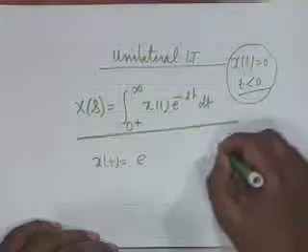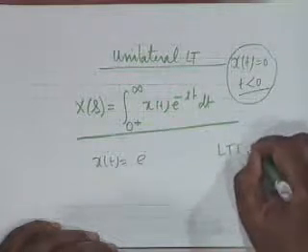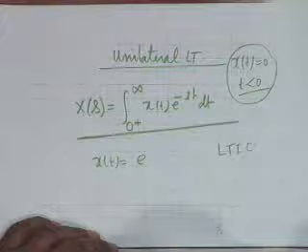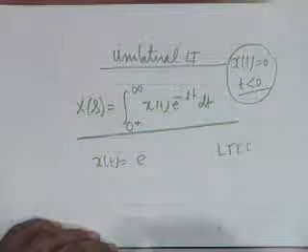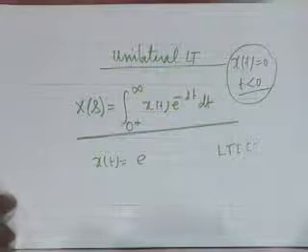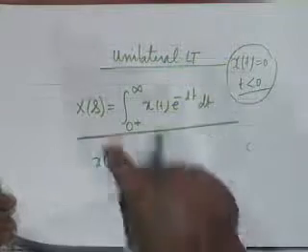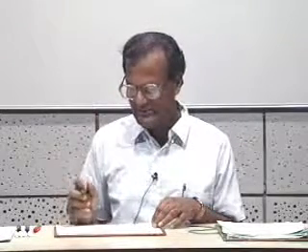And that is where the major application of the unilateral Laplace transform is, that is LTI causal systems. LTI and causal systems are easily analyzed by the unilateral Laplace transform rather than the bilateral Laplace transform, all right. But one need not be too fussy about this. Even if you apply the bilateral Laplace transform blindly, no harm is done, you will get the correct result. Only thing is that this is slightly simplified.